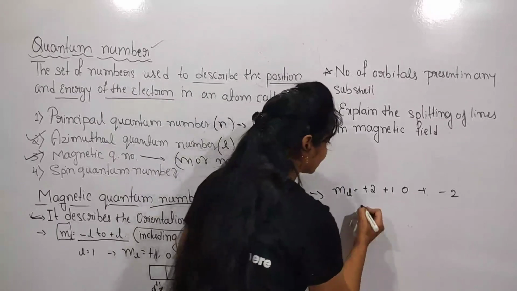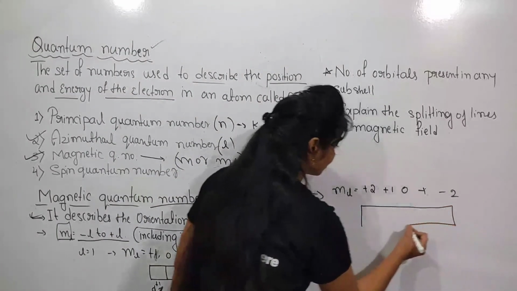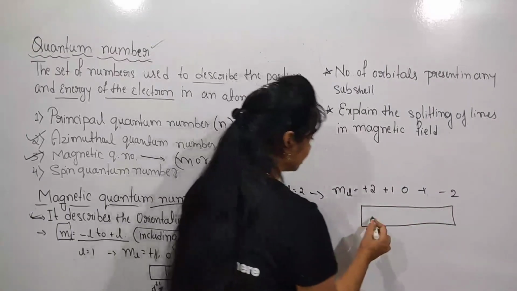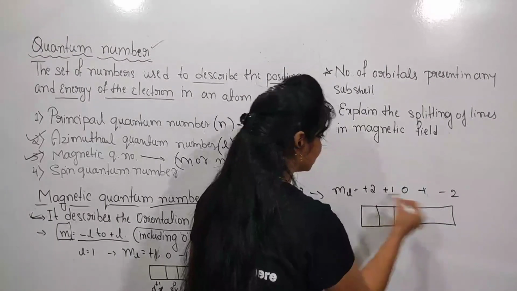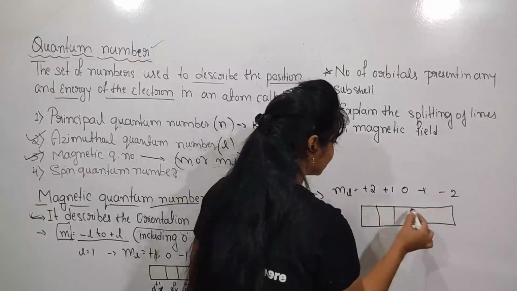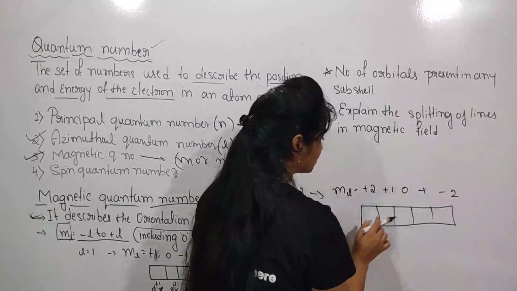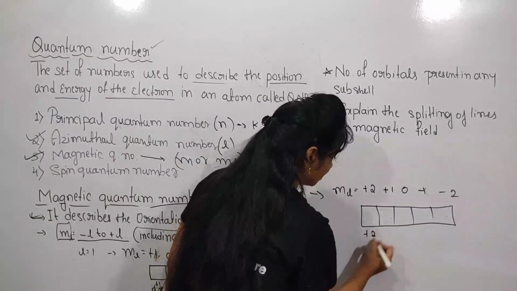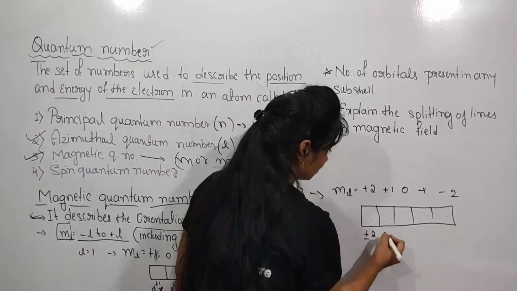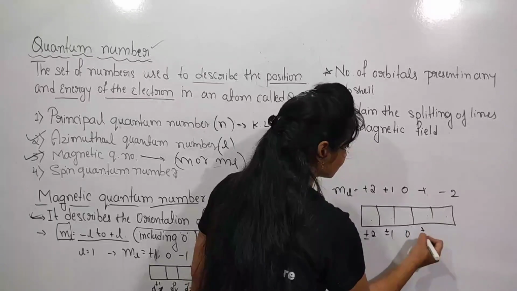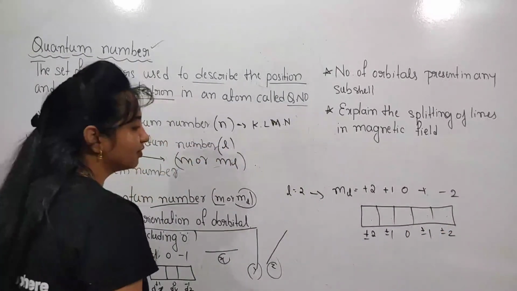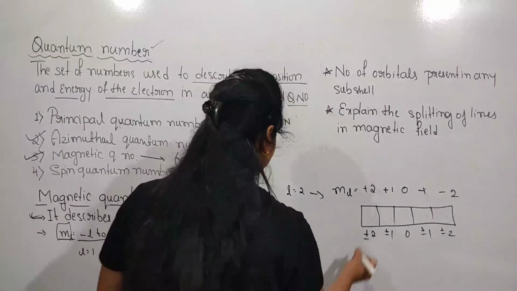How many orbitals are in this subshell? 5. By these values we get these boxes: 1, 2, 3, 4, 5. Plus 2 means plus or minus 2, plus or minus 1, 0, plus or minus 1, plus or minus 2.